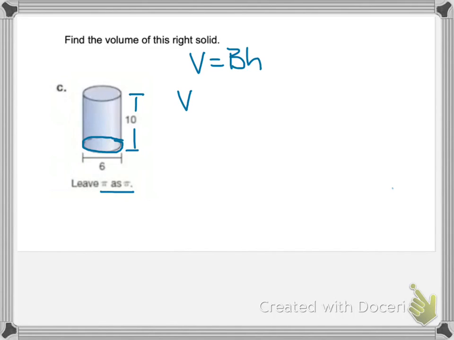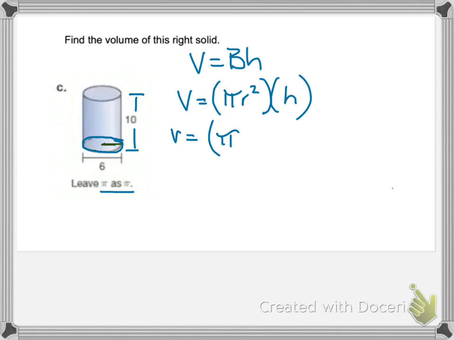So volume is going to equal, how do we find the area of a circle? Pi r squared times the height of this cylinder will give me volume, right? They told me to leave pi as pi, so I'm just going to leave it as a symbol. Now my radius squared, it gave me my diameter, but my radius only goes halfway across, right?